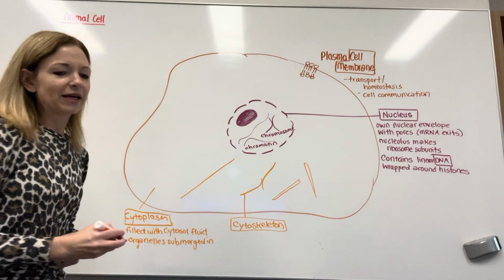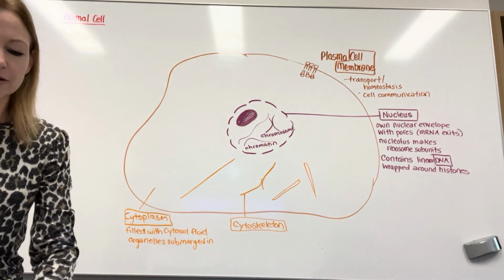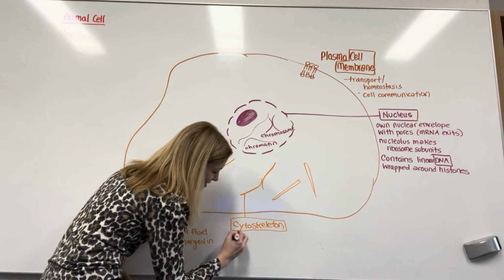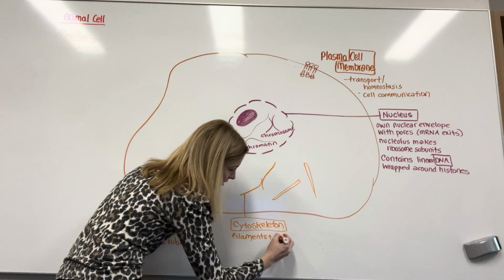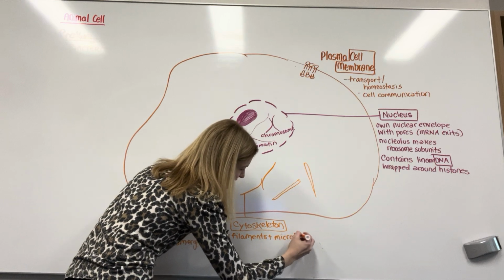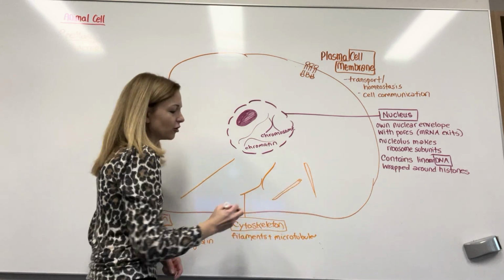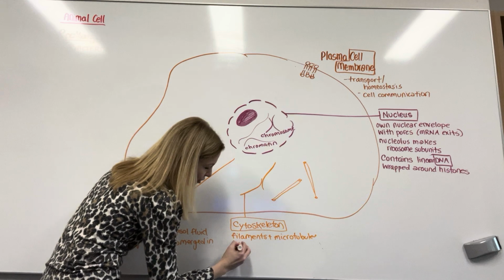Let me see exactly what I wanted to write about this. We're just going to do mainly that it maintains shape. So it's going to be like filaments and microtubules. It's just a series of little fibers and tubes, that's what I was trying to draw there, that play a role in maintaining cell shape.